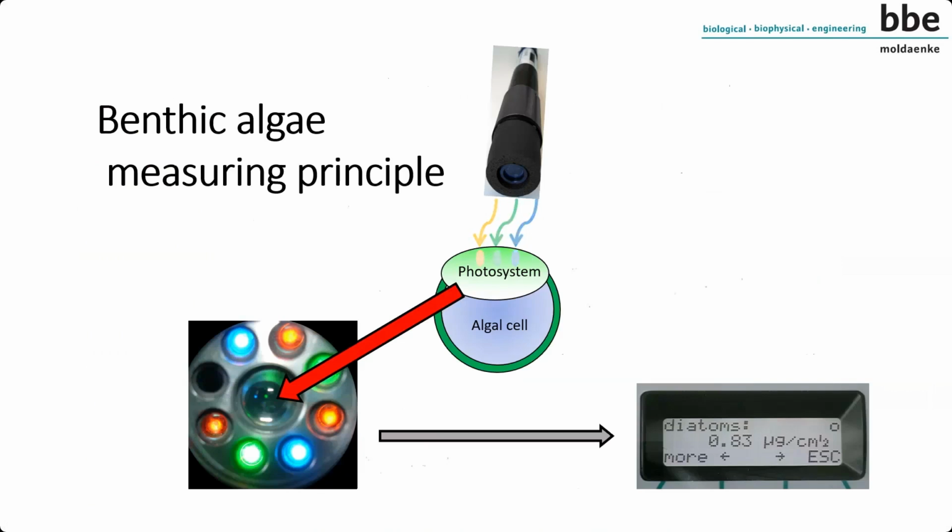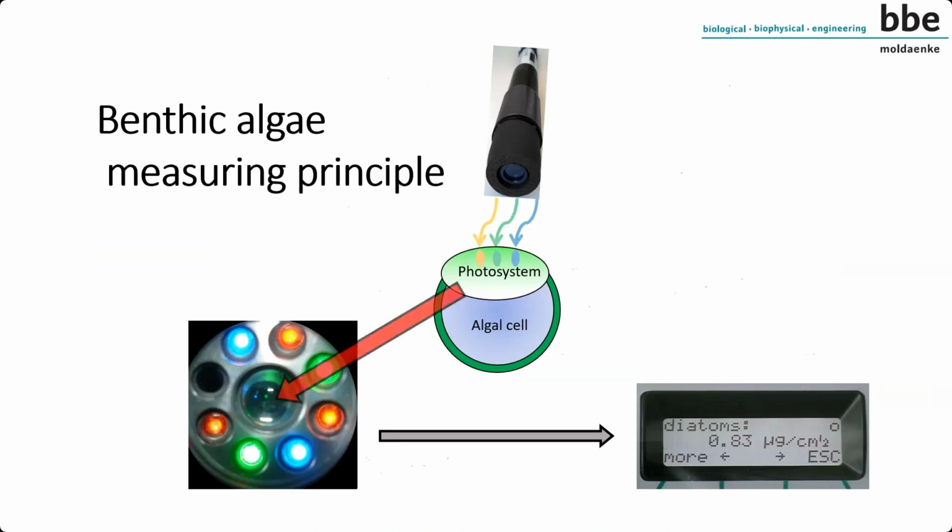But part of this light is also transferred to fluorescence, and you can see here that the fluorescence is emitted, and the intensity is measured here, and is an indicator for the amount of chlorophyll A which is inside of the algae cell.